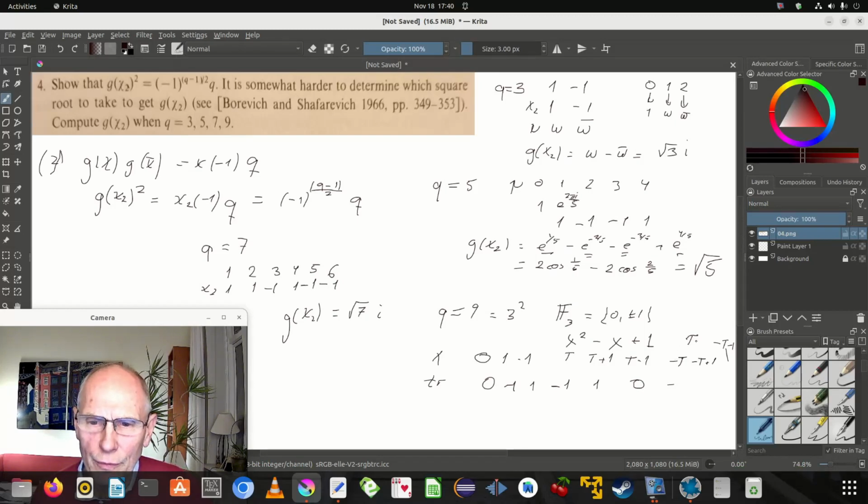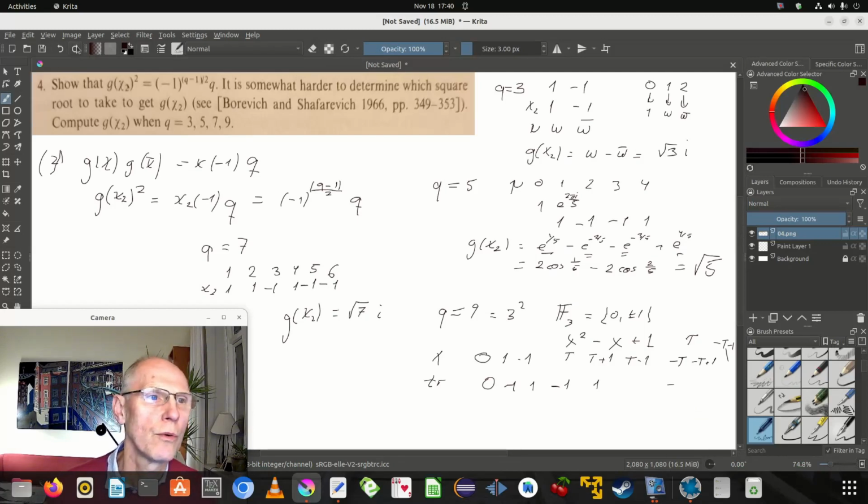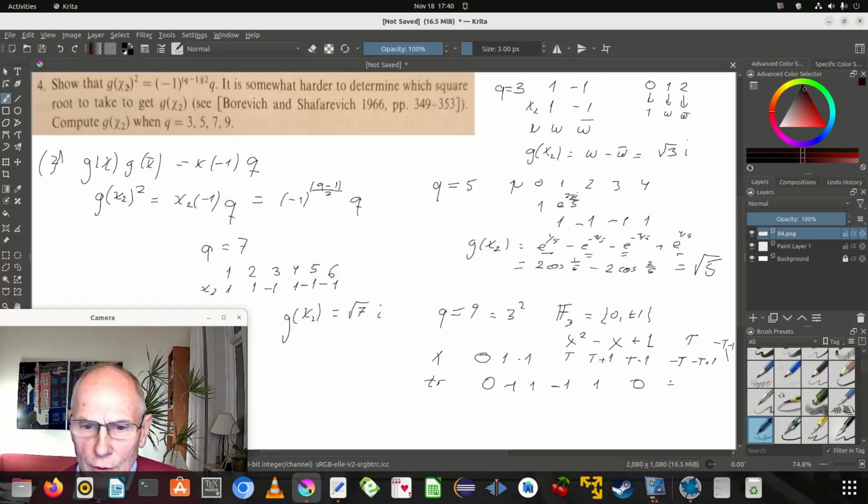Now, -t and +2t, that vanishes, so the traces should be opposite. Oh, damn it. So it's actually +1, and this is the opposite of t -1, so that's naught. So psi is unity.